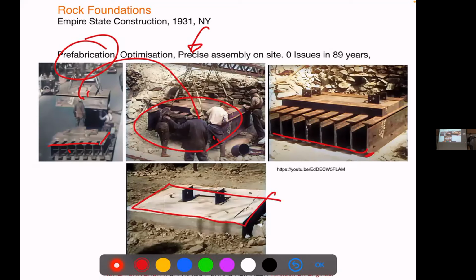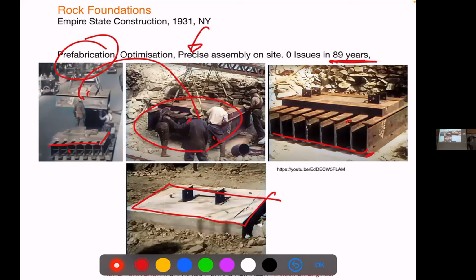And this is why Manhattan was so adequate for high-rise, which is not San Francisco Bay, for example, or Gangnam. And the building is almost 90 years old. As far as I know, there's no issue at all in the foundations. And it was done at record speed, because those foundations were done in a matter of days, right? It takes months to make the foundation of those towers.